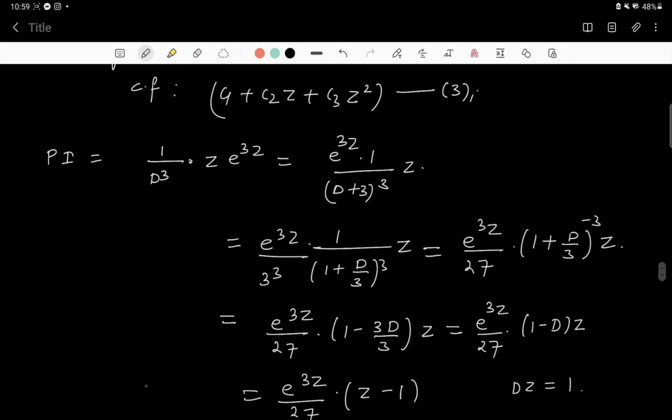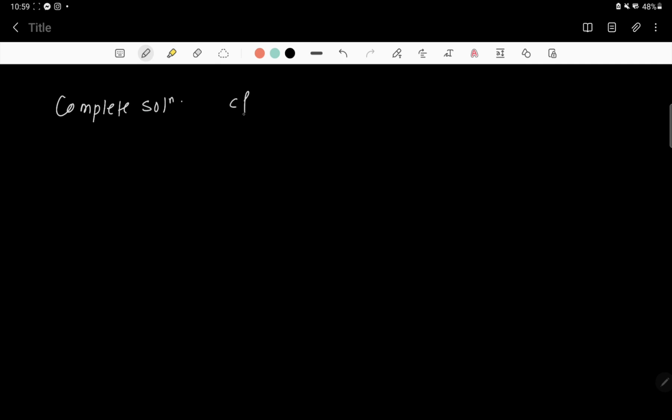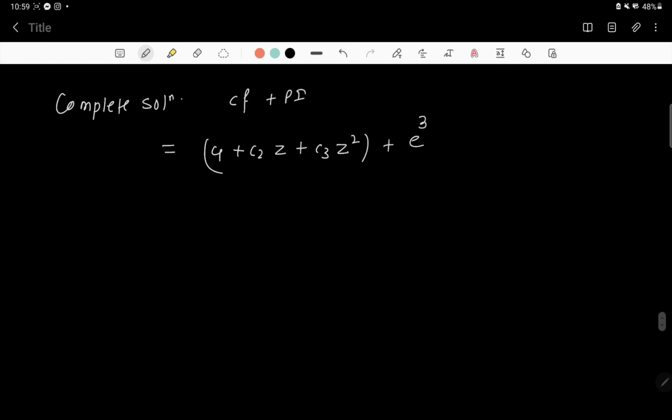So what is your complete solution? This is your PI, the particular integral. Your complete solution will be CF plus PI. So your CF was c1 plus c2 z plus c3 z square, plus PI is exponential 3z upon 27 times (z minus 1).